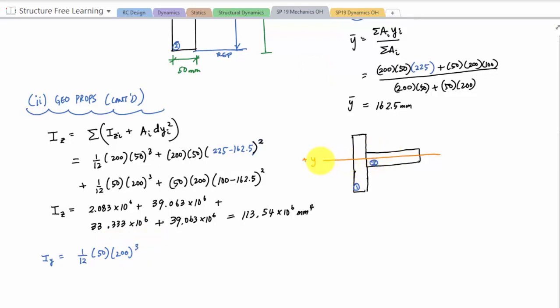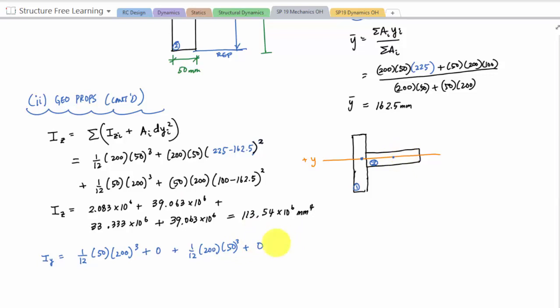But look, the centroid line is here. The centroid of 1 is there's no distance. Does that make sense? dz would be 0. Plus 0 plus 1/12 the base of 2, which is 200, times 50 cubed, plus again 0 because there's no distance from the center of the element to the neutral axis, or the axis of rotation at least.